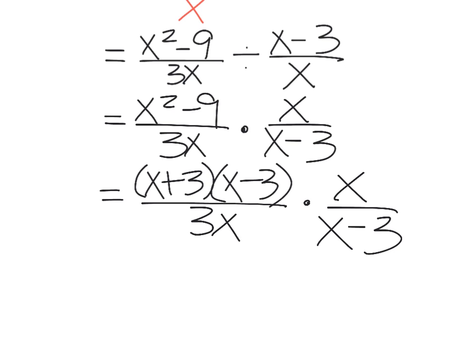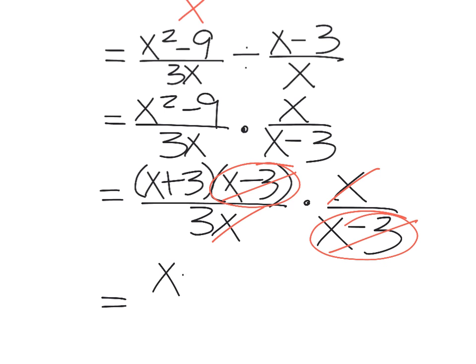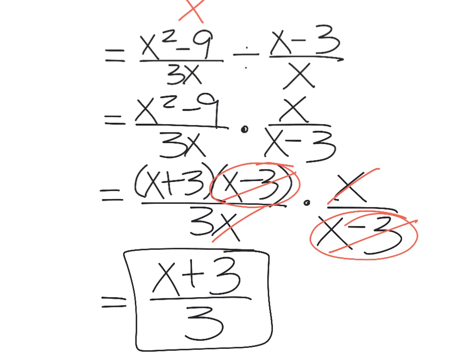Now we've got x minus 3, these will cancel out. Our x and our x will cancel out, and we're left with x plus 3 on top and 3 on the bottom. And that's our final answer.